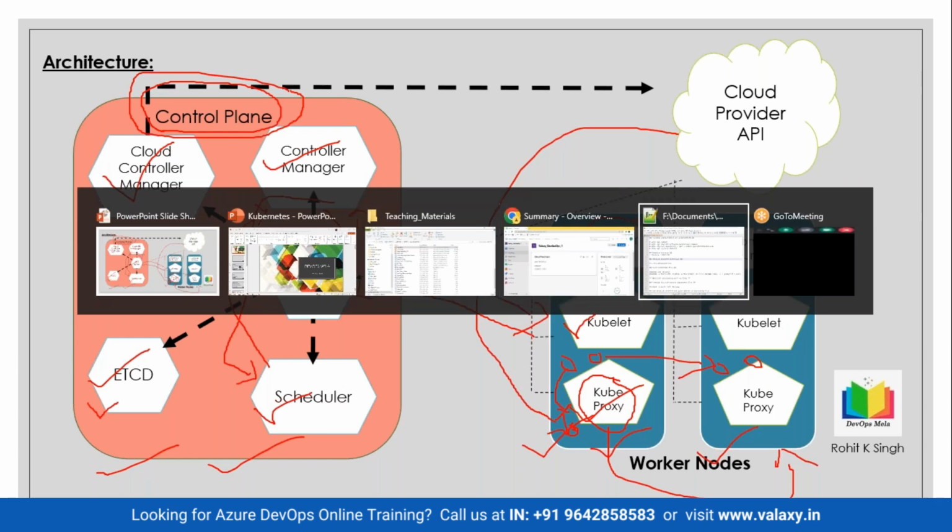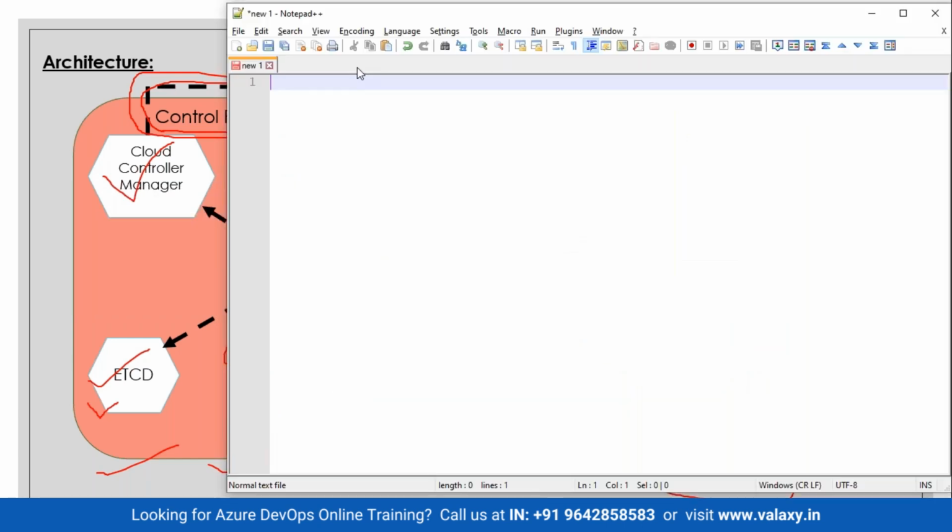It's a third-party tool that will not require multiple VMs, because for testing you can have just one VM and set up everything entirely on this one VM. Your master components will be running, and even your worker node components will be running. So this is Minikube.